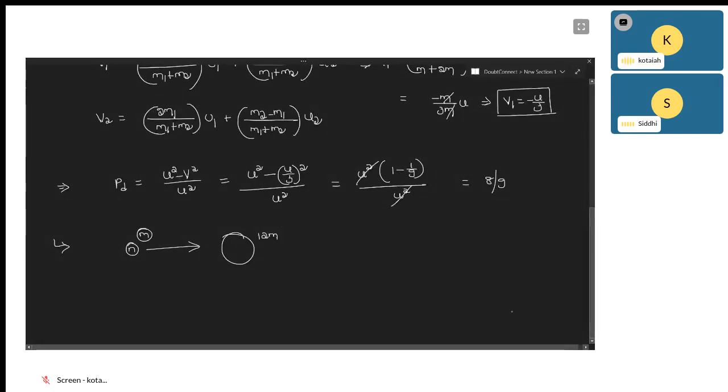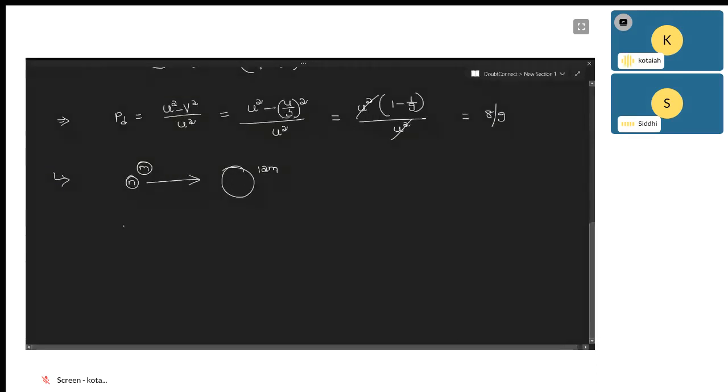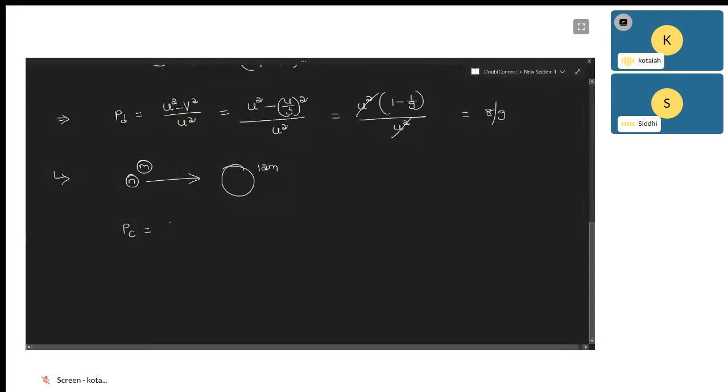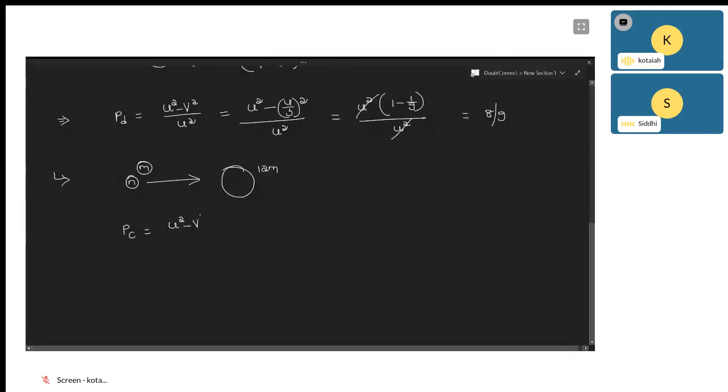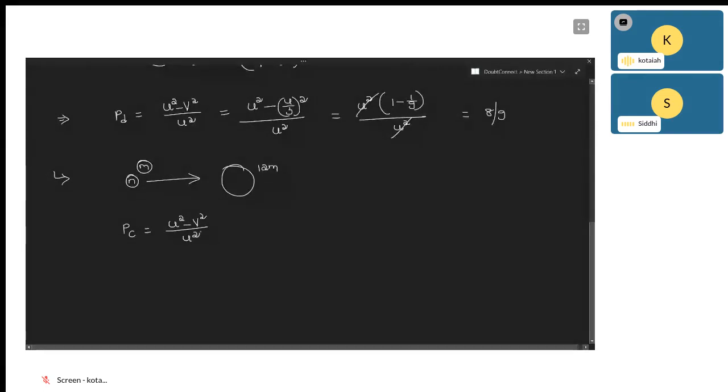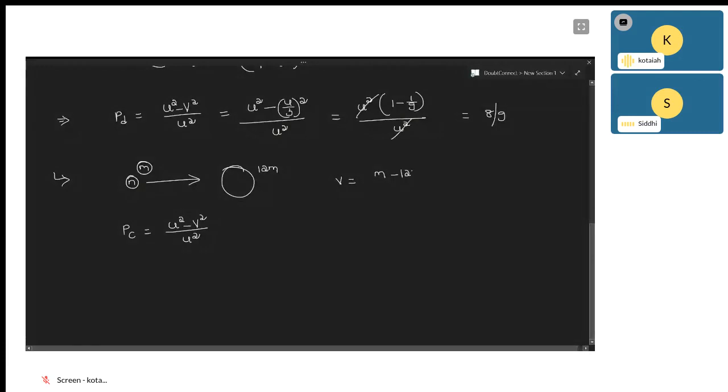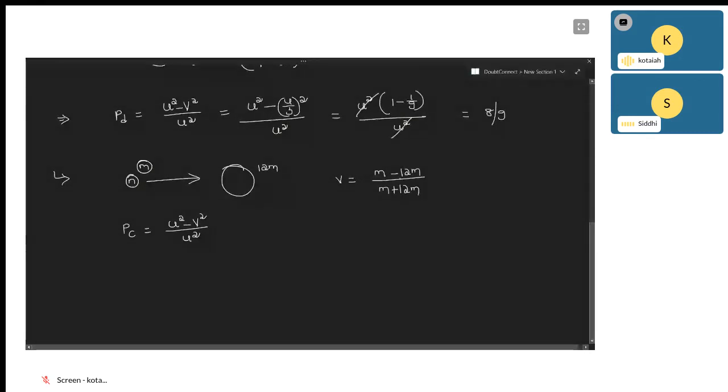Now, here also same thing. Pc is equal to u square minus v square by u square. Now, coming to v. v is equal to (M1 minus M2) by (M1 plus M2) into (u1 plus u2), which is anyway 0 here.